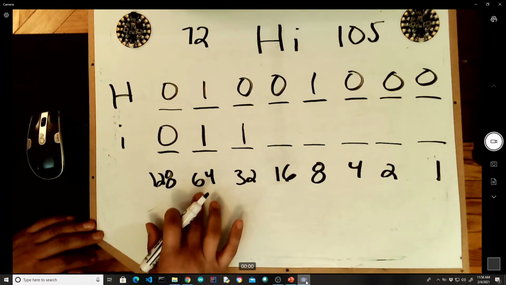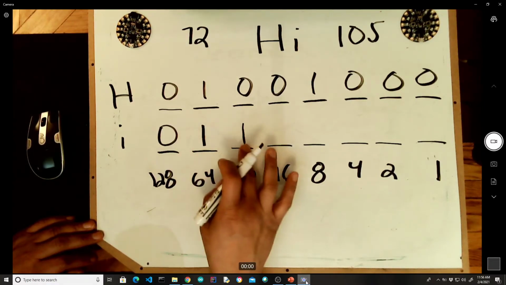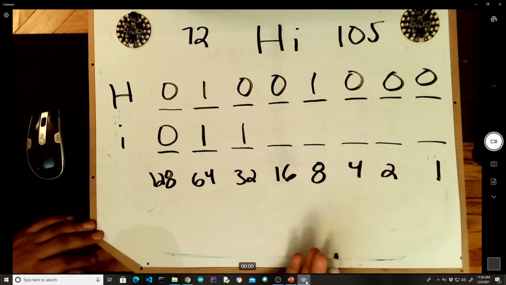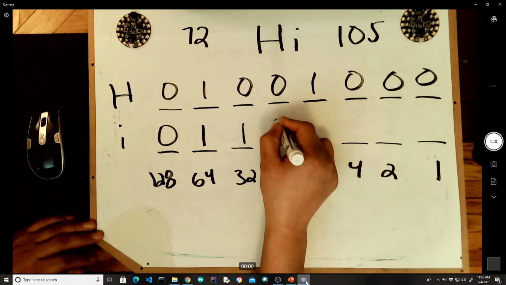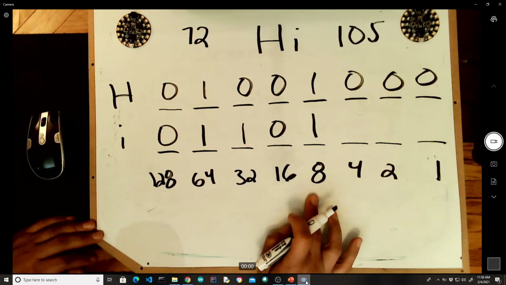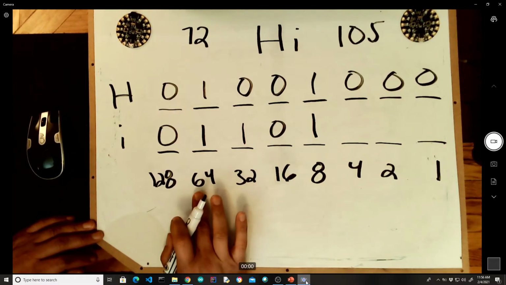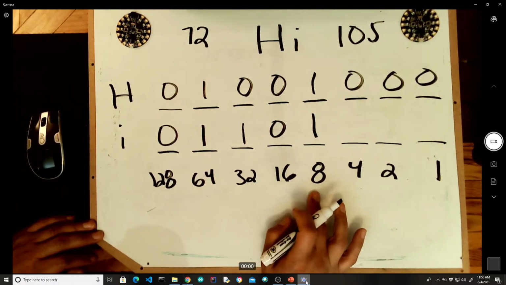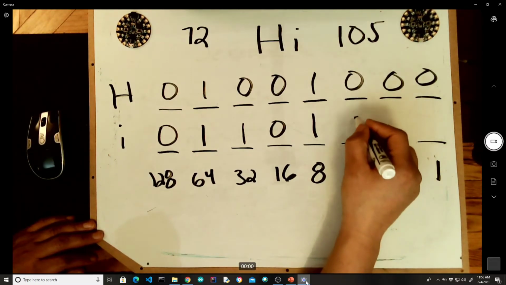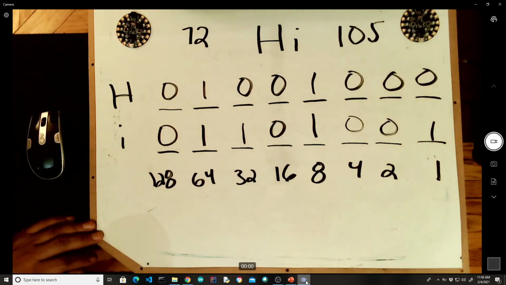So we have 64, and a 1 here which is 32, giving us 96. We still have to come up with 9, so I can put a 0 here and a 1 here, which gives me 8. That was 96 plus 8, which is 104, and that means we just need 1 more.